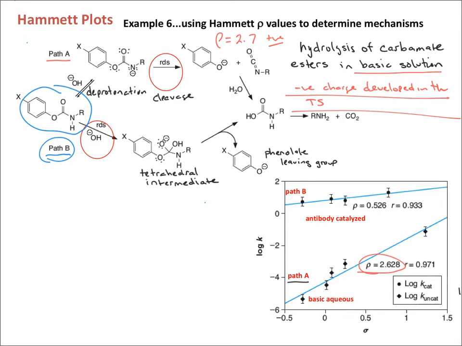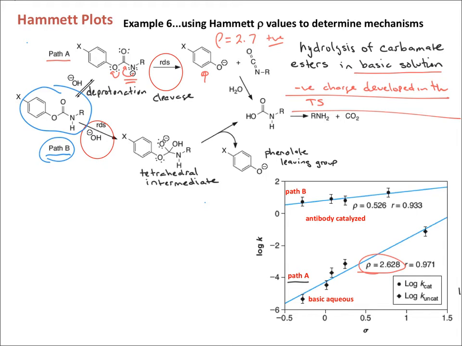And so this is consistent with path A, where in the first step of the reaction, we end up with a negative charge on the nitrogen through the deprotonation of the amide with hydroxide, and then the rate determining step of the reaction is the collapse of the anion to release phenolate.